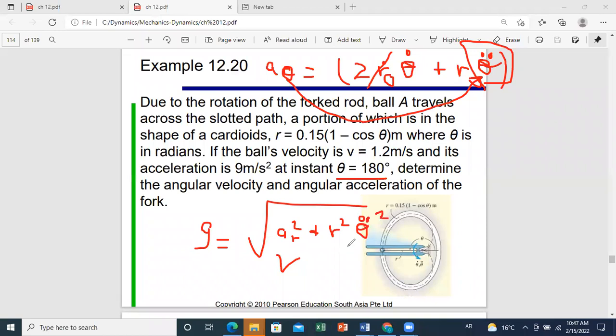I know the value of r at this position is 0.3. I replace it. The only unknown is theta dot dot. I can calculate it. And in this way, I was able to find the expressions of the angular velocity theta dot and the angular acceleration theta dot dot at theta equal 180 degrees.